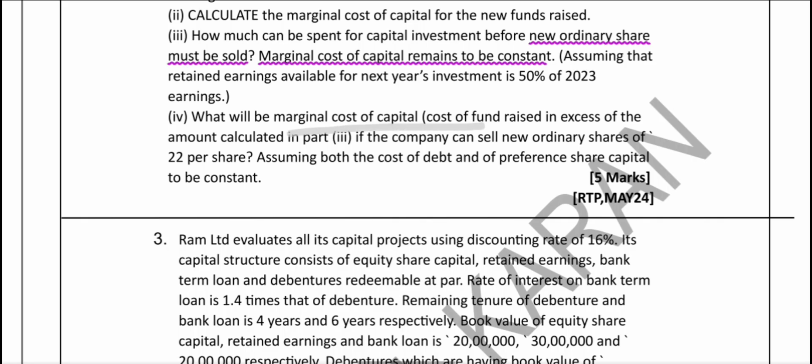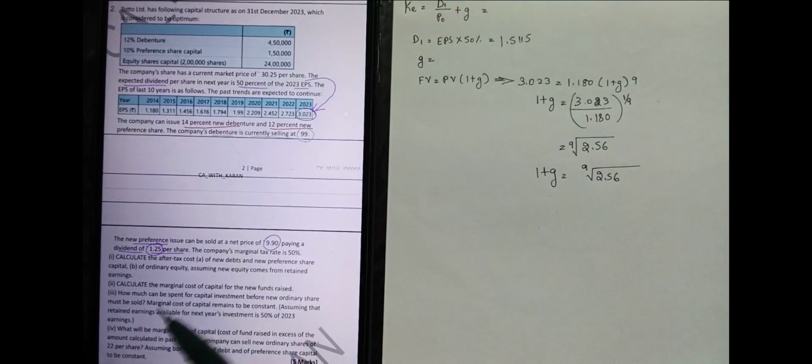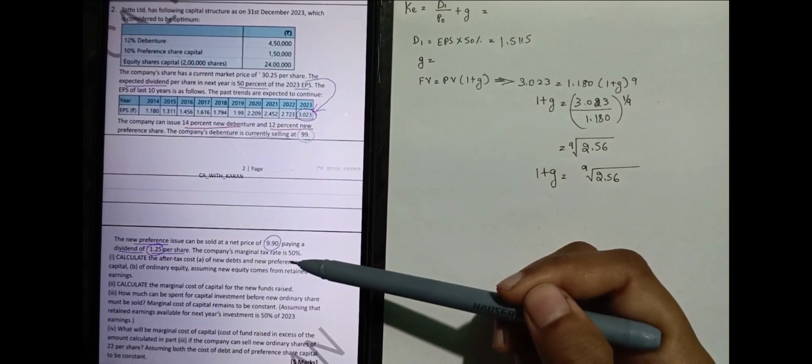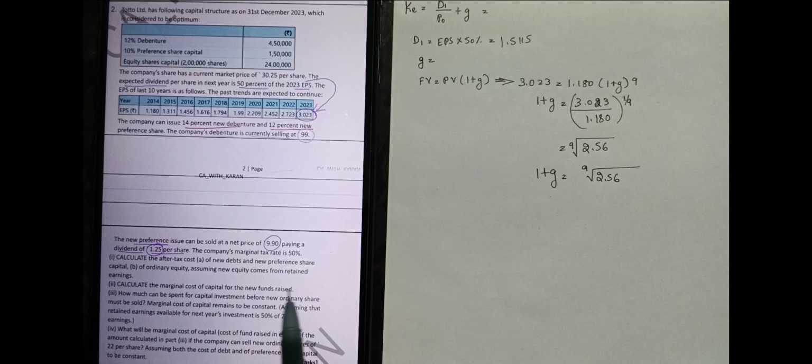What will be the marginal cost of capital if the company can sell new ordinary shares at rupees 22 per share, assuming both the cost of debt and preference share to be constant? So in the first question, we need to calculate the after tax cost of new debt, new preference shares, and ordinary equity, assuming new equity comes from retained earnings. So we need to calculate KD, KP, and KE.